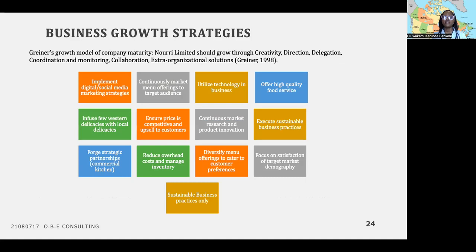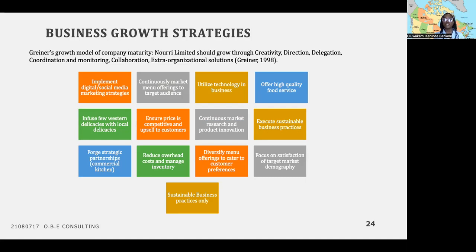In line with the desired project outcomes, we recommended these business growth strategies using Larry Greiner's growth model, to help Nourri Limited to mature when it grows.